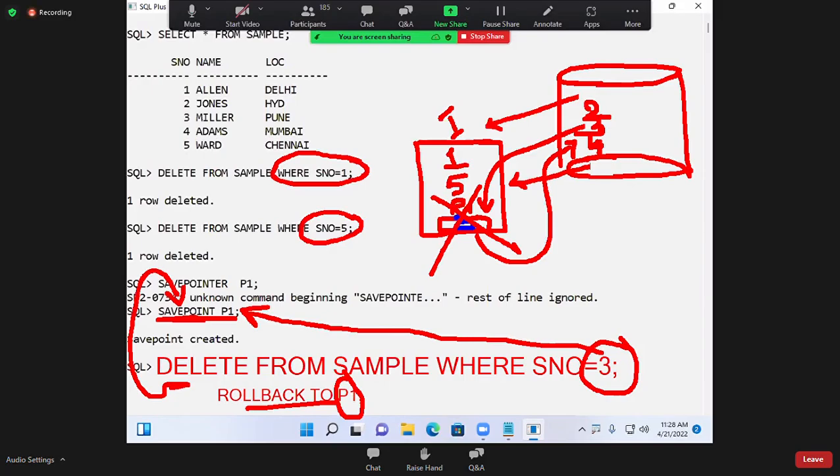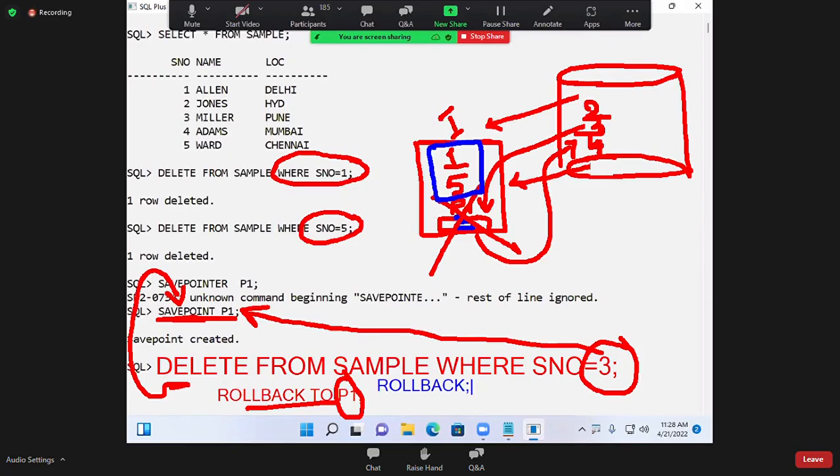Yes or no? Yes. And how many rows are left in my instance memory? 2 rows are left, 1 and 5. Suppose you want these 2 rows again. Then what do I do? Here I write a simple rollback. If I use a simple rollback, what happens?